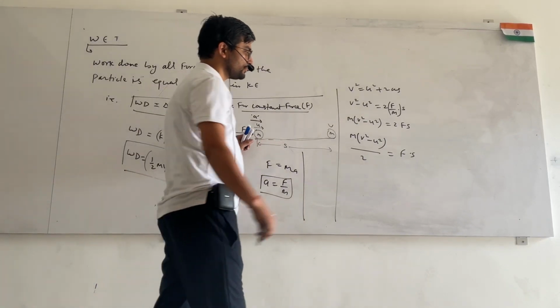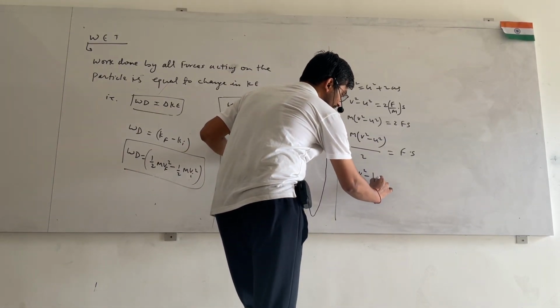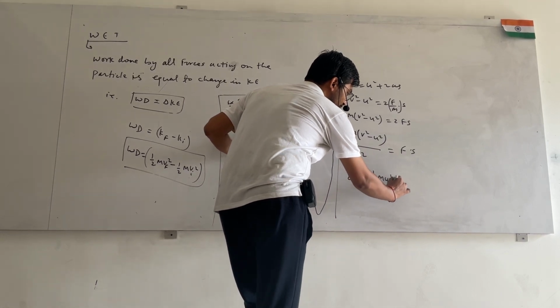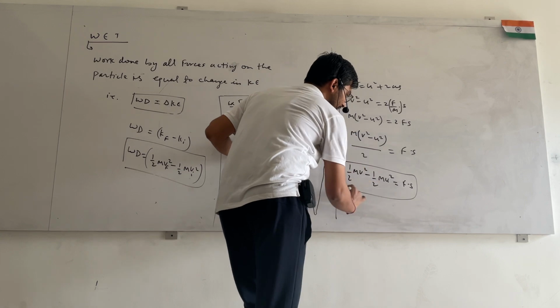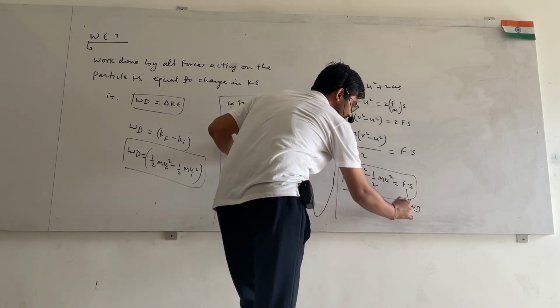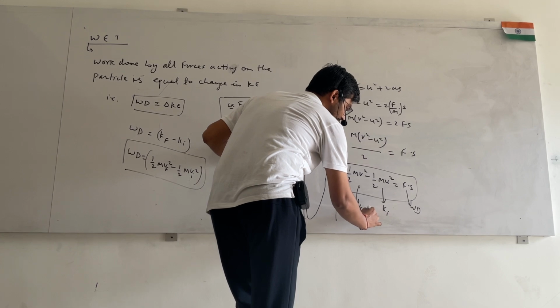So from here we clearly see that half m v square minus half m u square is equal to F into s, and this is nothing but Fs, the work done. This is the initial kinetic energy, and this is the final kinetic energy.